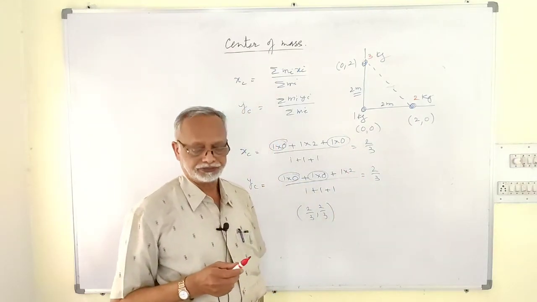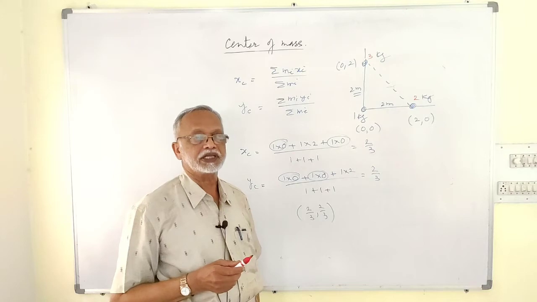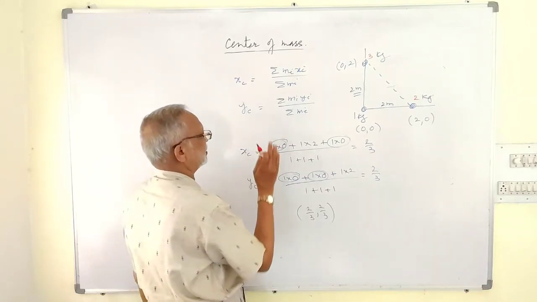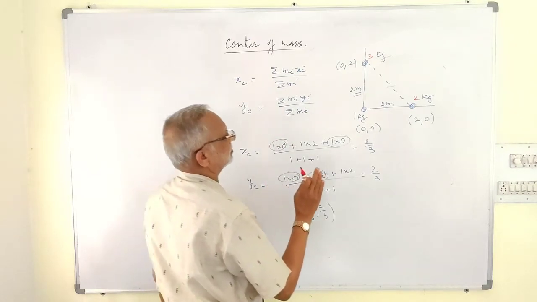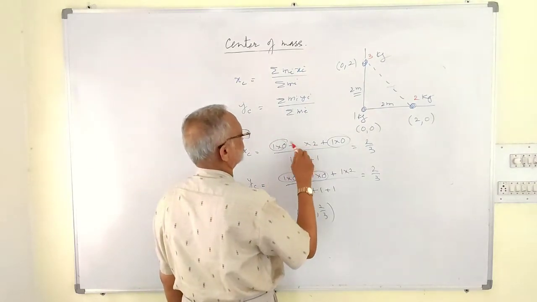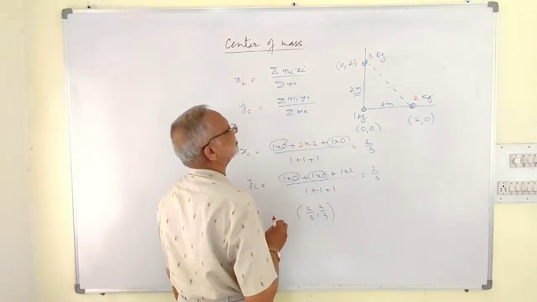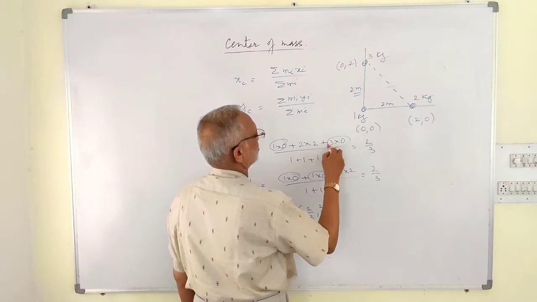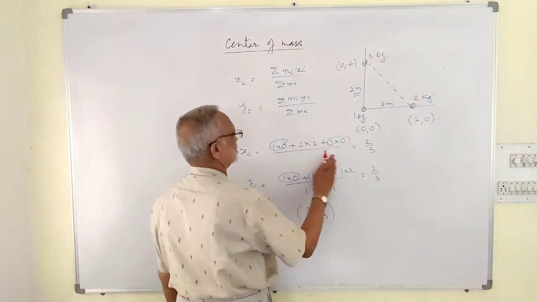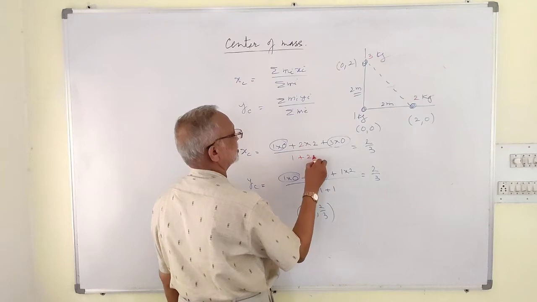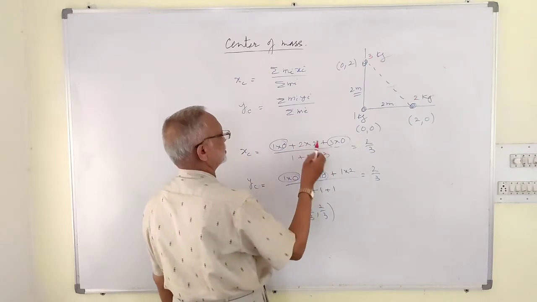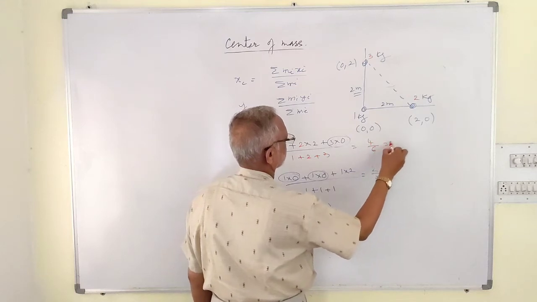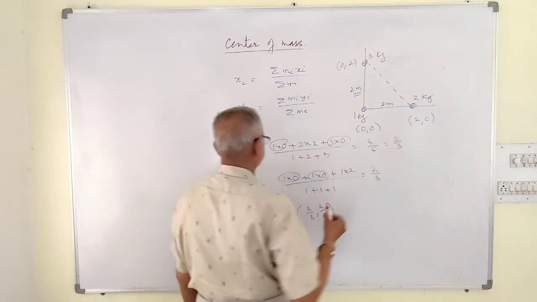We want to find the coordinates of the center of mass. xc is equal to m1 x1, 1 into 0, plus m2 x2, m2 is 2, x2 is also 2, plus m3 x3, m3 is 3 but x3 is 0, and the denominator is 1 plus 2 plus 3. So this is 2 into 2, 4, 4 by 6, that is 2 by 3.